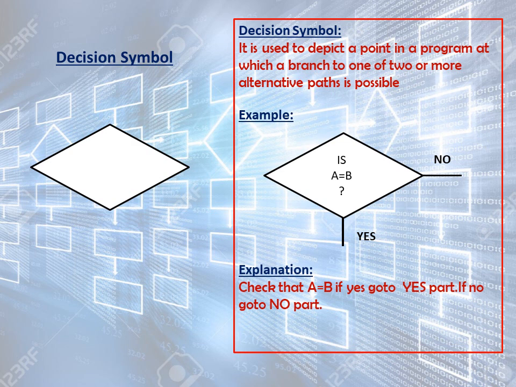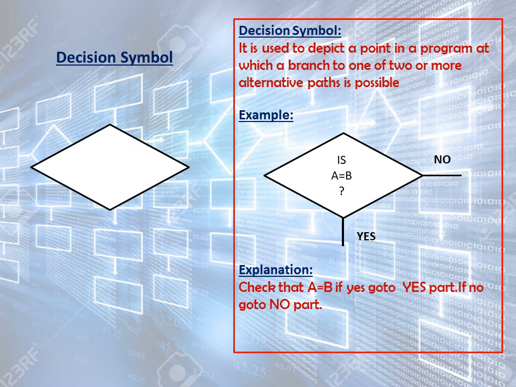In such a situation, to display in a flow chart, we use the decision symbol. It is used to depict a point in a program at which a branch to one of two or more alternative paths is possible. To give the answer, more than one alternative is there, and from that we have to choose only one.